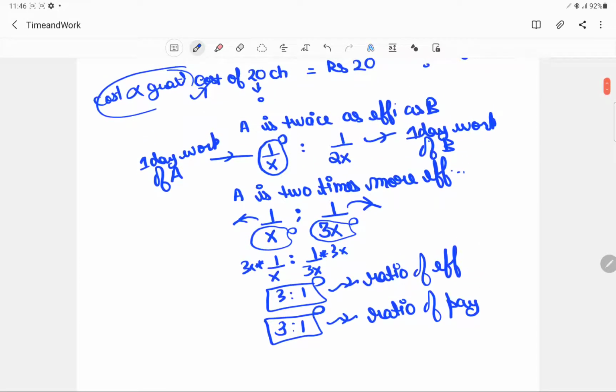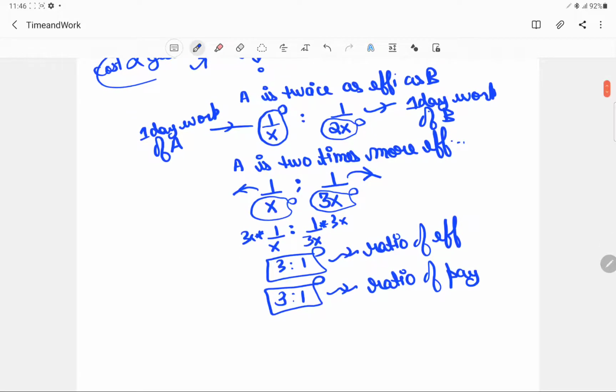If he is receiving double the pay of that, then he would be doing it in 1/2x number of days.